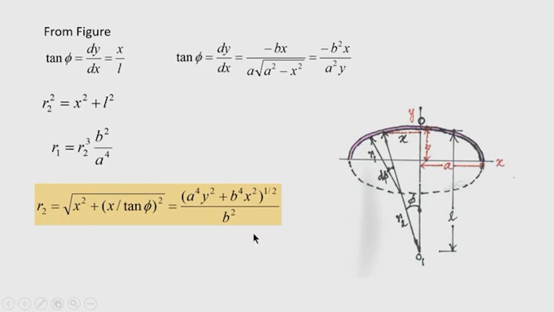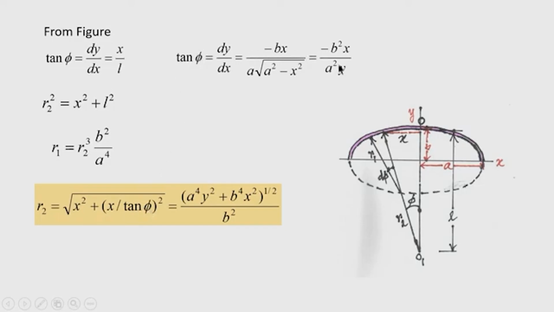Now, the second principal curvature, that is R2, that line you are seeing here, from this triangle using the Pythagoras theorem we can find R2 square equal to x square plus L square. So, we can find R2 as root over x square plus (x by tan phi) square.